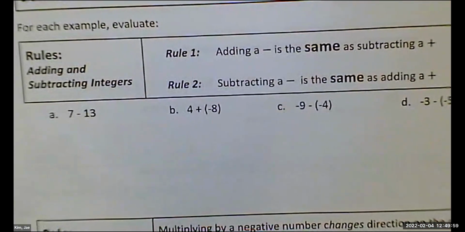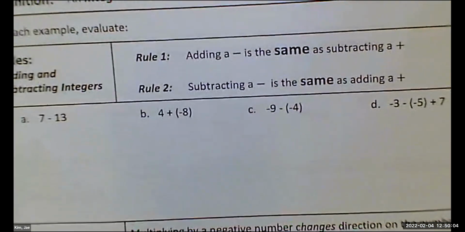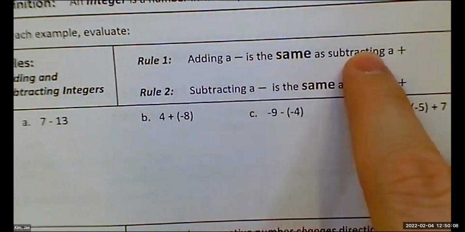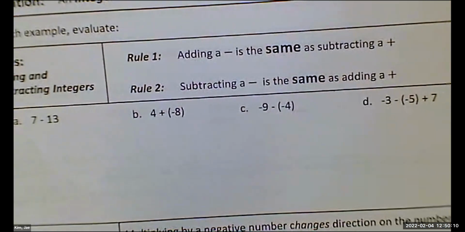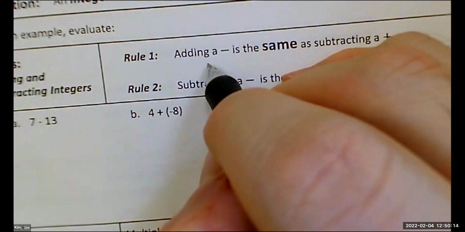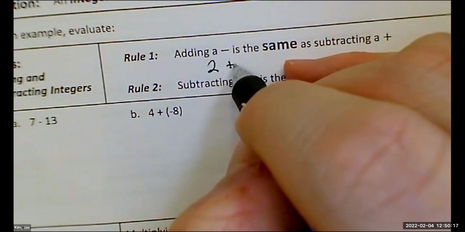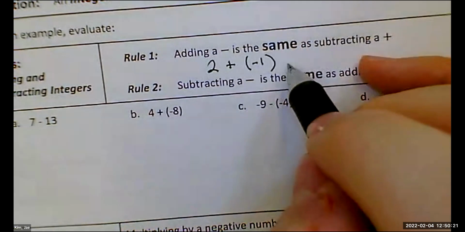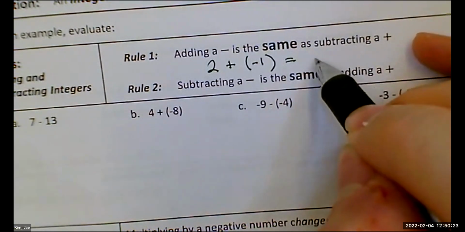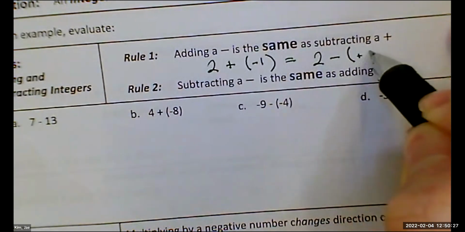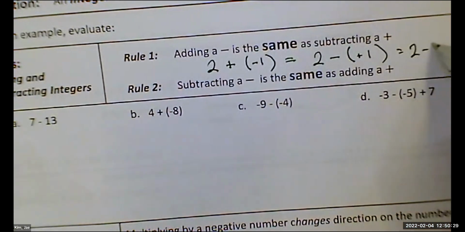When you are adding or subtracting, don't get too twisted. When you're adding a negative, it's the same as subtracting a positive. Where's my pen? Let me write this down. Let's say, for example, 2 plus a -1 is the same as saying 2 minus a +1, or 2 minus 1.